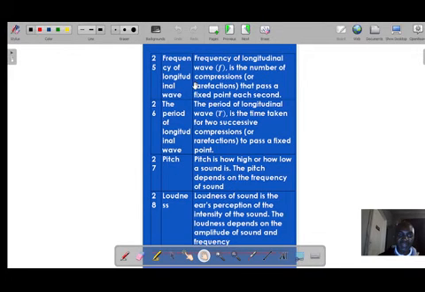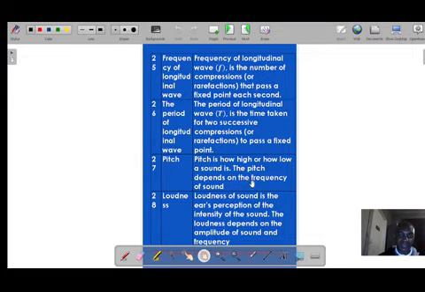The frequency of a longitudinal wave is the number of compressions or rarefactions that pass a fixed point each second. The period of the longitudinal wave is the time taken for two successive compressions, or rarefactions, to pass a fixed point. Pitch is how high or how low a sound is.